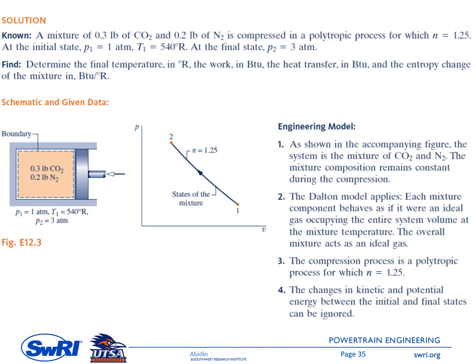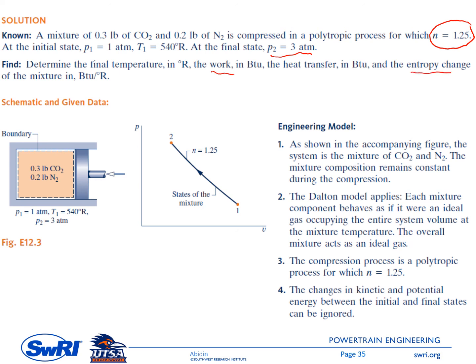In this case, what is known is a mixture with 0.3 pound of CO2 and 0.2 pound of N2, P1 and T1 are given, P2 is also given, 3 atmospheres, and a polytropic process with the polytropic exponent of 1.25. The question is the final temperature, heat transfer, work and entropy change.